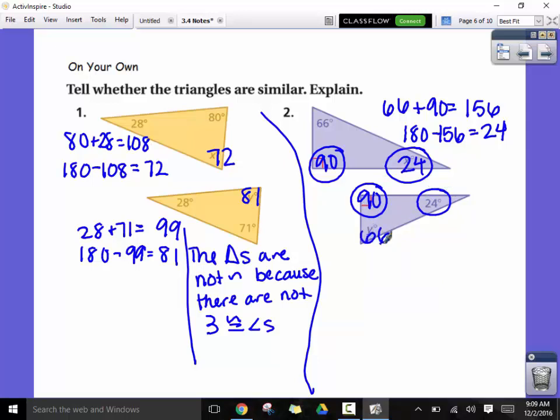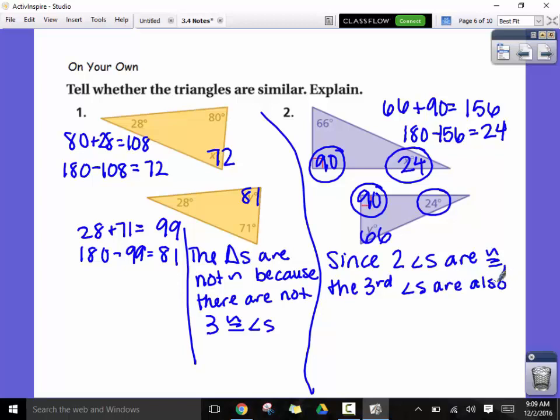So for my explanation I can say since two angles are congruent, the third angles are also congruent, and therefore the triangles are similar.